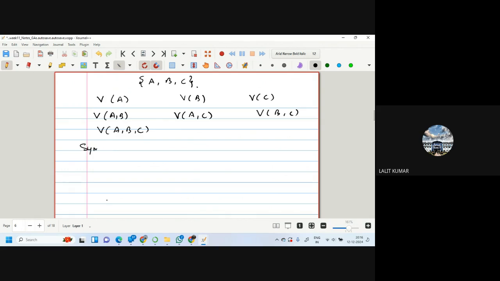Symmetric players are the ones who can be exchanged with each other in all collisions without any change in the value.